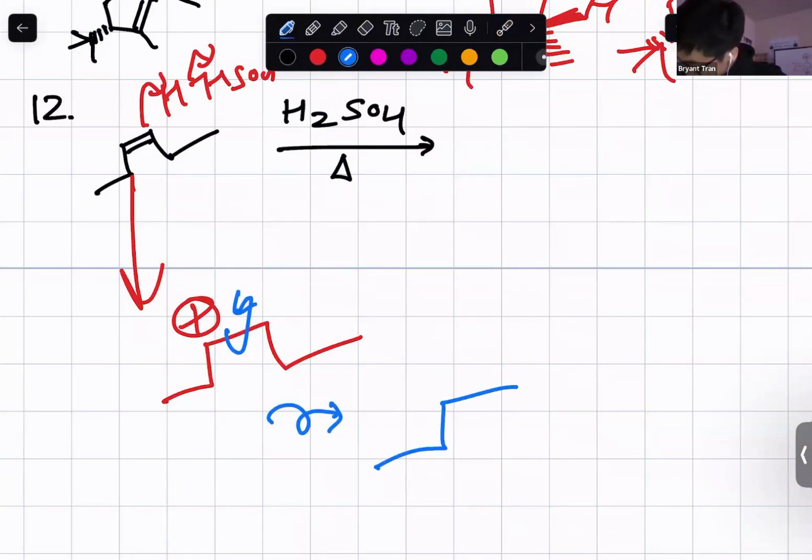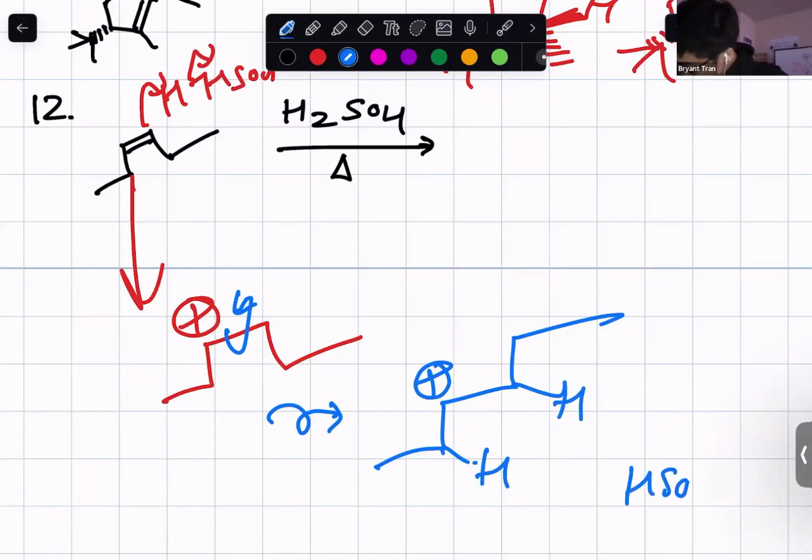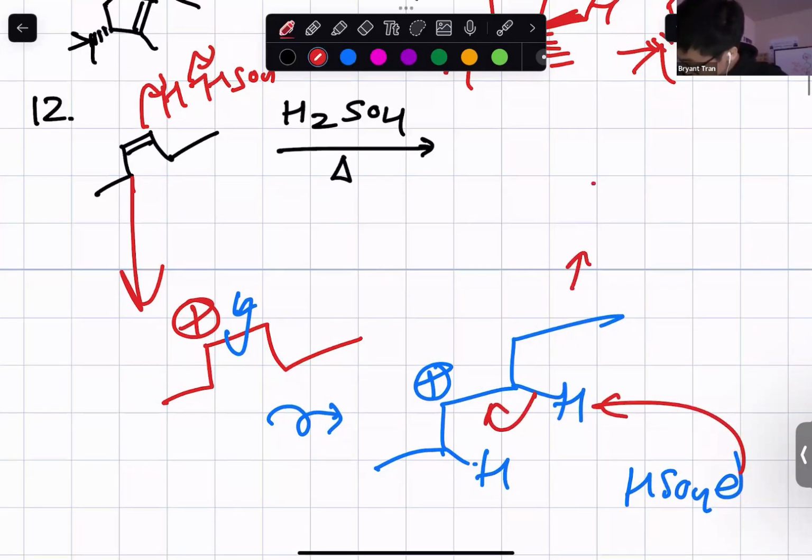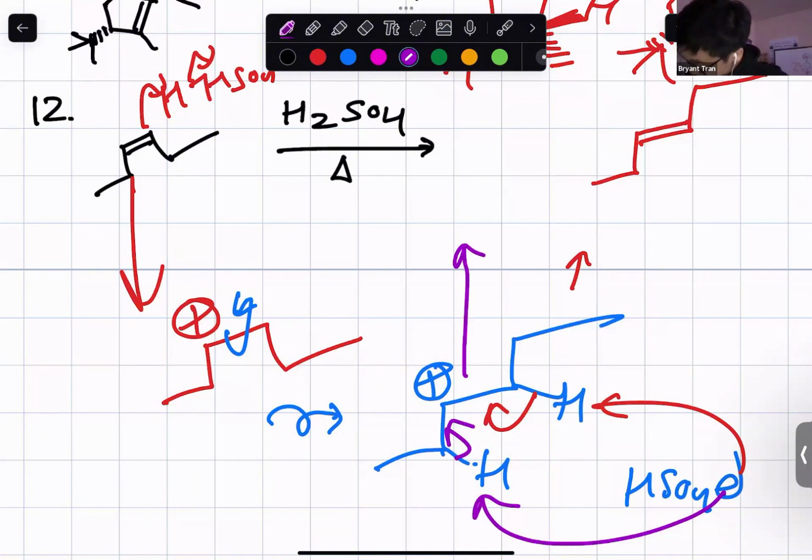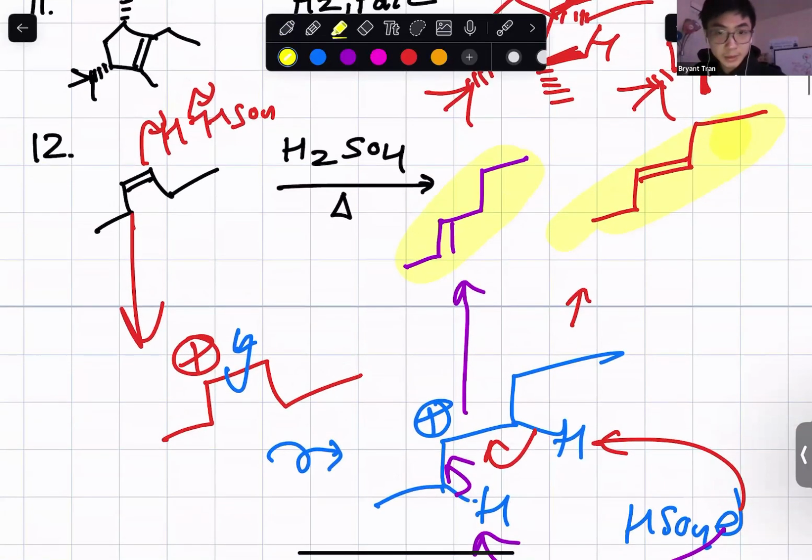And if I rotate that like that, I can either grab this hydrogen, making that alkene right there, which gives me this product, or I could grab this hydrogen, making this alkene right here, giving me this product. So we get two different products here, this E alkene or this E alkene. Those are our two major products.